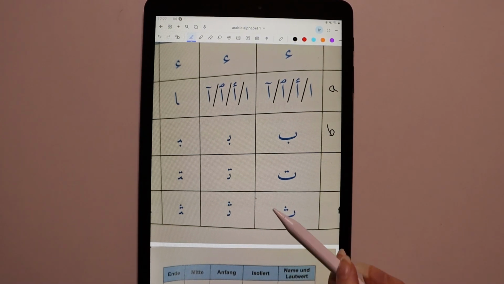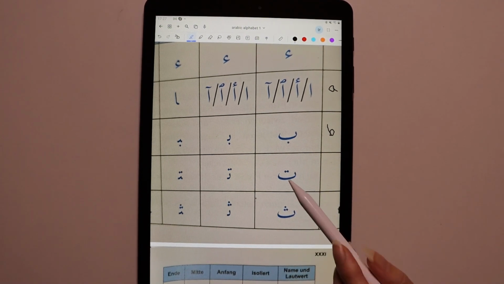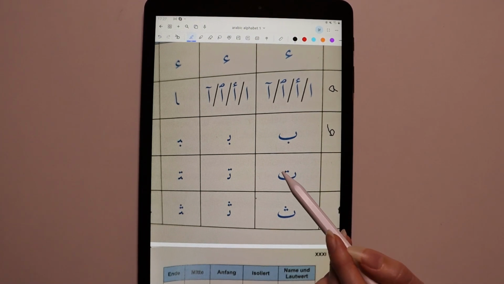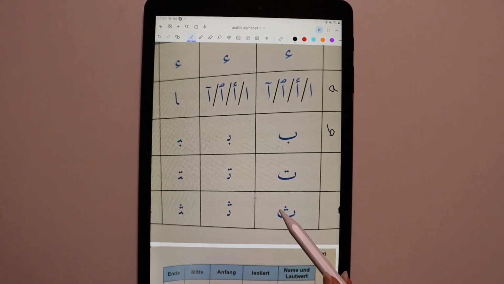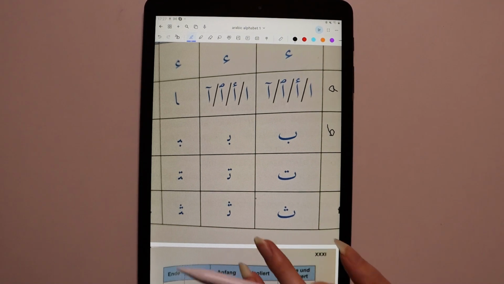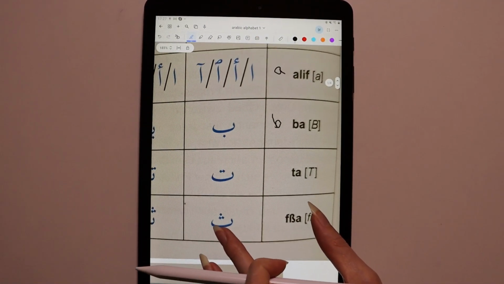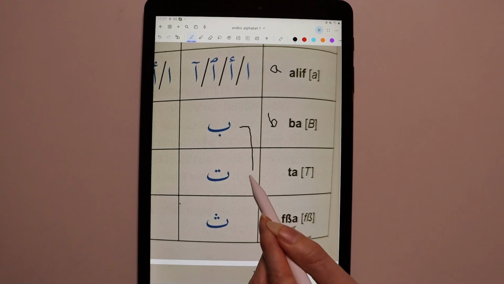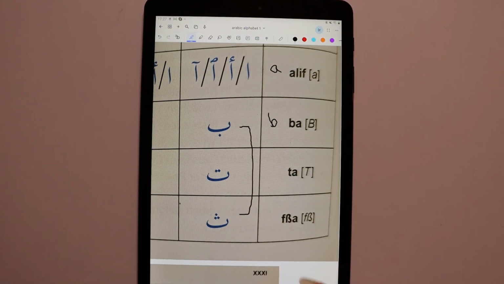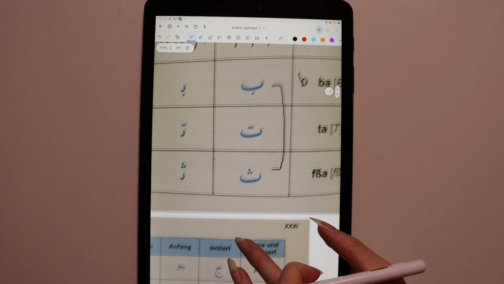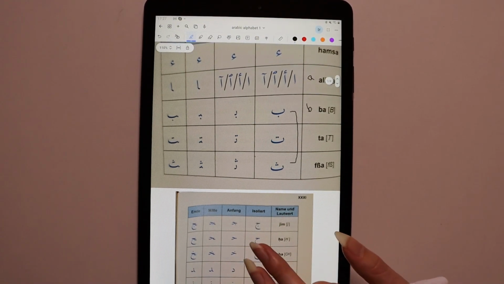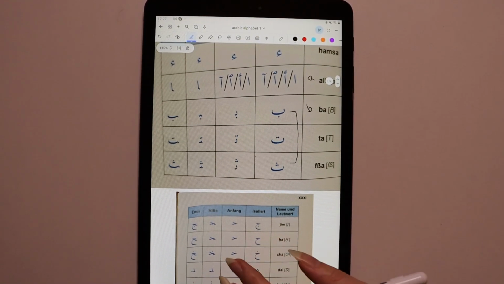The only difference between them are the dots. So one time the dot is below the letter, then we have 2 dots on top of the letter and 3 dots on top of the letter. So I'm going to connect these 3 because they are almost the same. All forms of them look technically the same, but the dots make the difference.